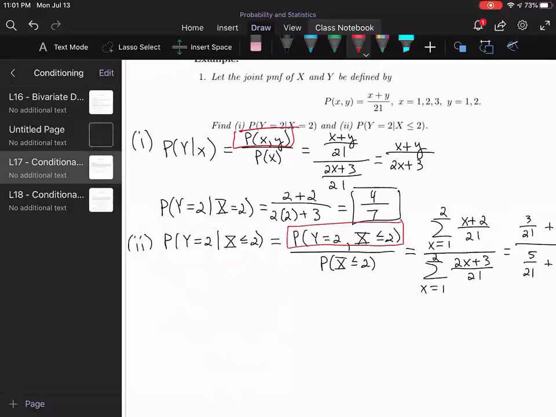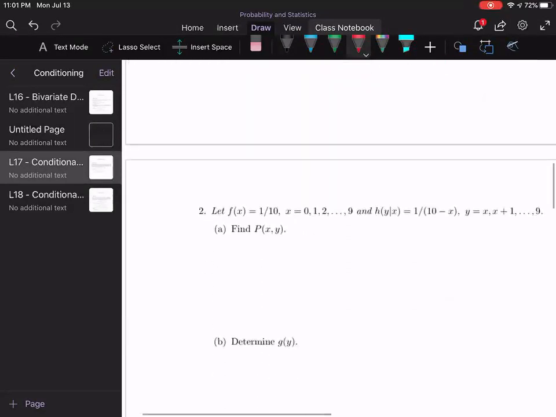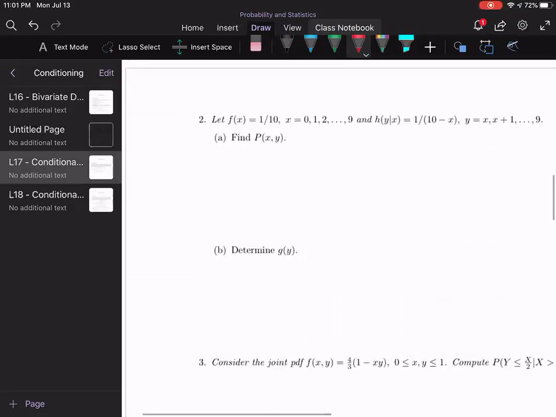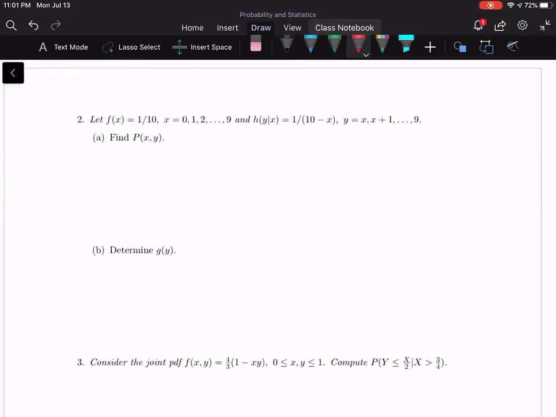Anyone else? All right, let's take a look at problem 2 then. So here we have f of x is 1/10, where x is discrete. So x can be 0, 1, 2, 3, 4, up through 9.